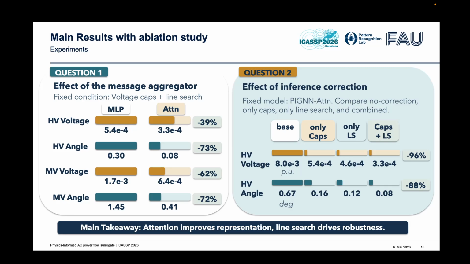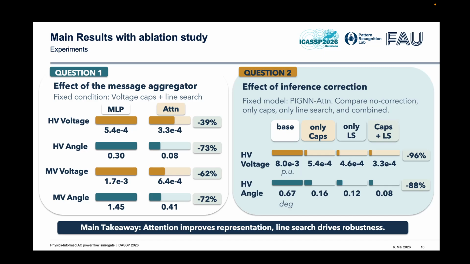And in the medium voltage, the variant without voltage update caps performs slightly better. And for the combined voltage data set, again, the full model with attention aggregator, voltage update caps, and line search correction operator performs the best. So the main takeaway here is that attention improves the representation of the graph neural network solver, and the line search drives the robustness in the inference.